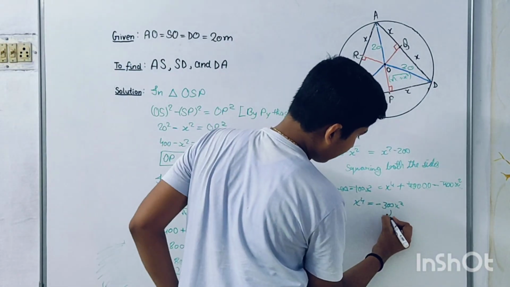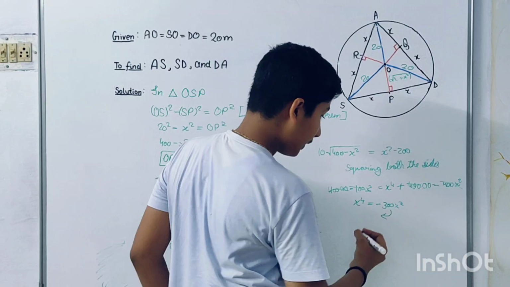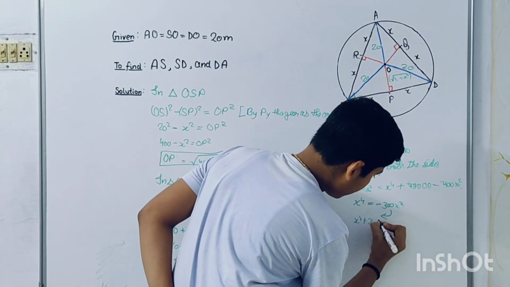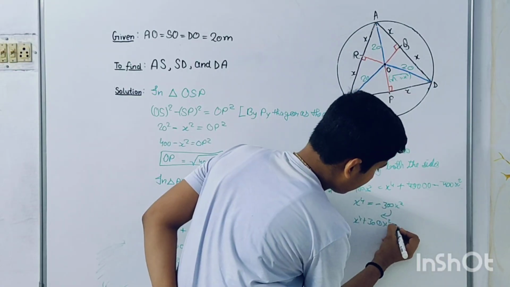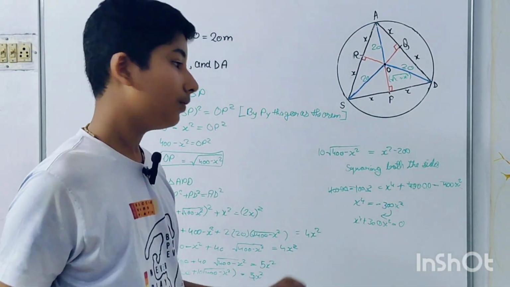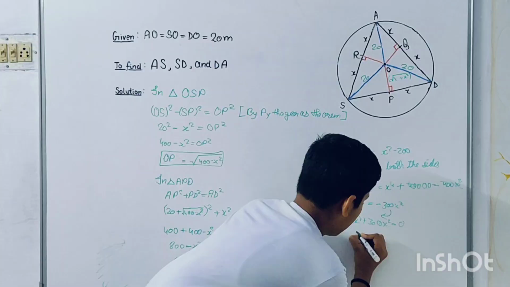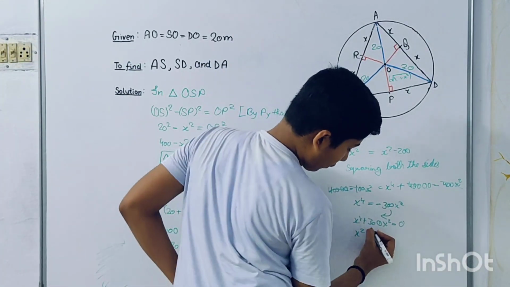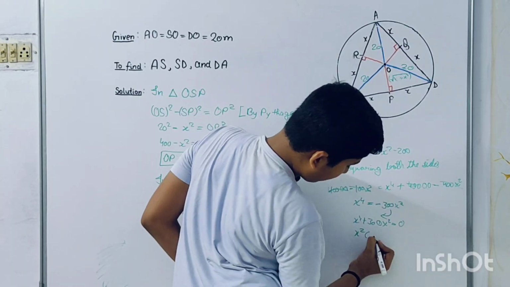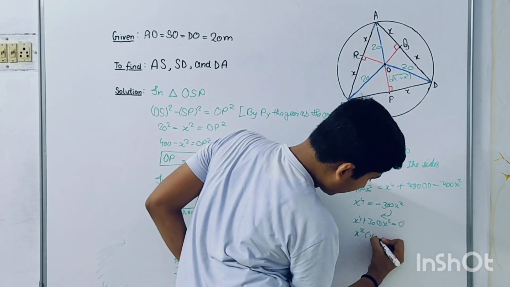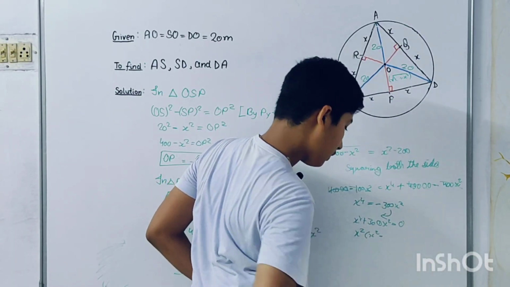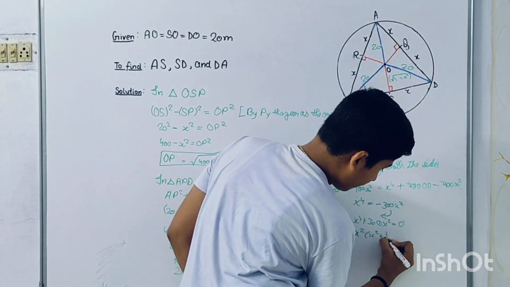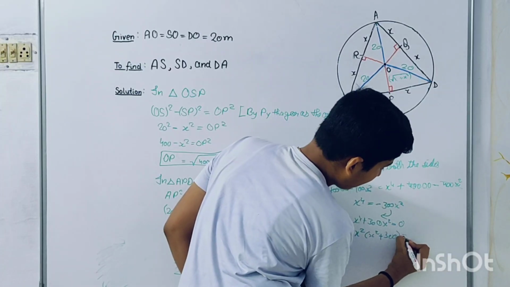So if I send this side, what would be left? x to the power 4 minus 300 plus 300 x square equal to 0. Now if I take x square common, in the bracket it will be x square minus 300x square, so it would be plus 300, equal to 0.